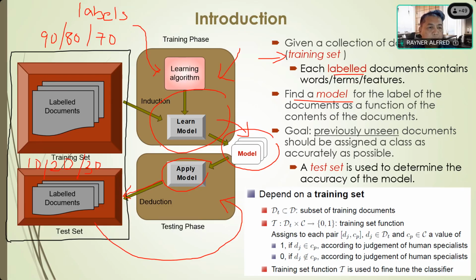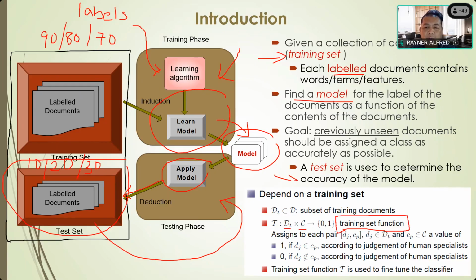So how do we verify or validate the accuracy? We have to use the same data set that we have reserved for testing. Okay. So the main ingredient here is that we need to be able to say, okay, we have this training set function that will be able to assign the class label to the unseen data that we have.